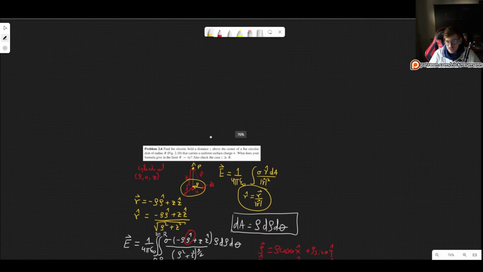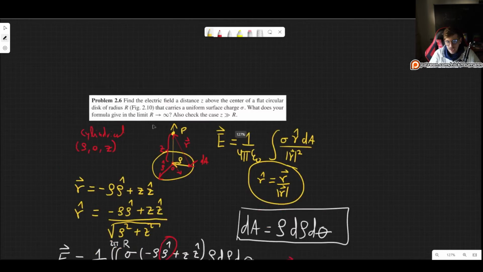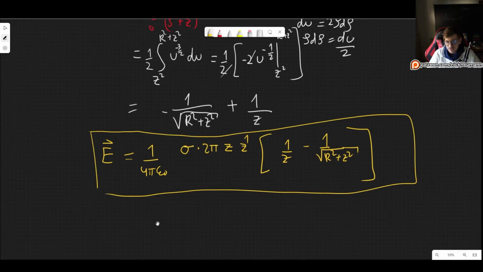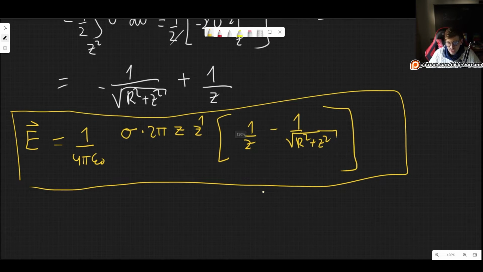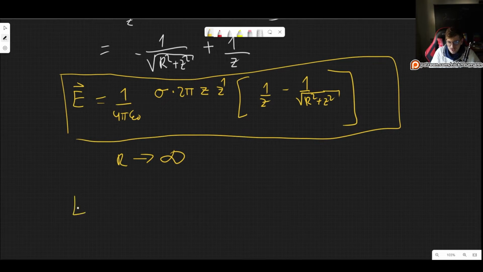To continue now, they ask, what does the formula give in the limit where r is very, very, very large? So if r tends to infinity, then we have this formula. Let me write it down. So 1 over 4 pi epsilon 0, 2 pi sigma z z hat.